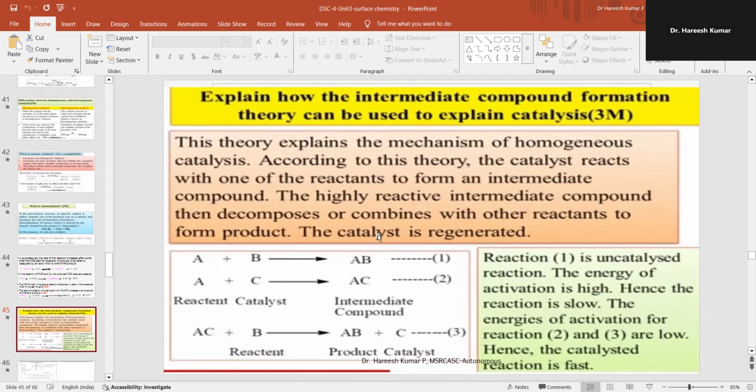The catalyst is regenerated. A plus B giving a product is the reaction, and here a catalyst is not used. But in A plus C, C indicates the catalyst. Catalyst C reacts with A forming an intermediate compound called AC. This AC reacts with the other reactant forming a product with the liberation of the catalyst.